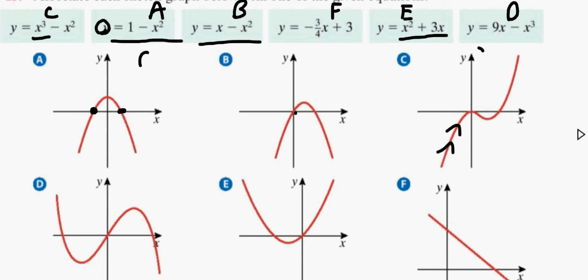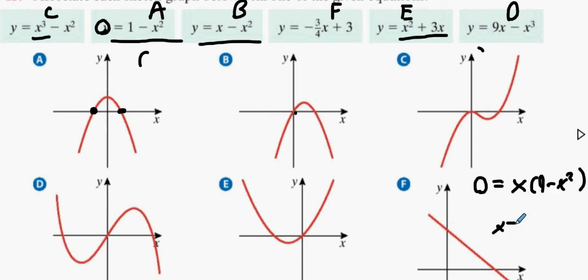This one here? Yeah, I could do that where I take out x squared into x minus 1. Yeah, I could do that as well. For D, I could take out x. I could get 0 equals x into 9 minus x squared.